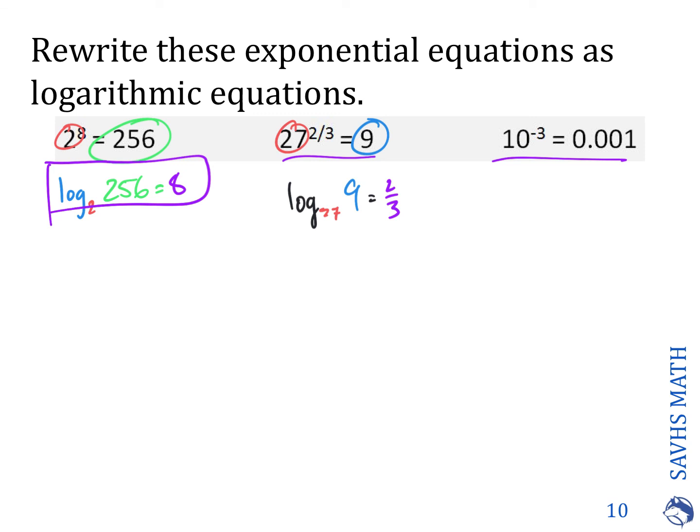And last but not least, log base 10 of 0.001 equals -3.